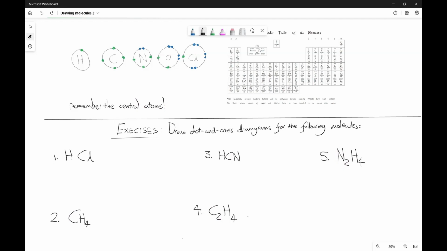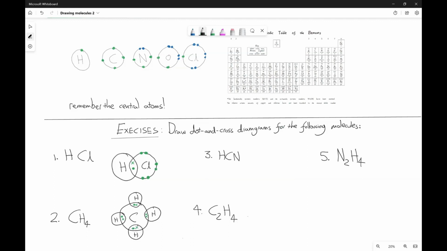Okay, answer time. HCl, single bond, diatomic molecule. The hydrogen and chlorine form a single bond, and don't forget the lone pairs on the chlorine. CH4 now, it just simply forms 4 single bonds with hydrogens, fairly straightforward, represented like this.